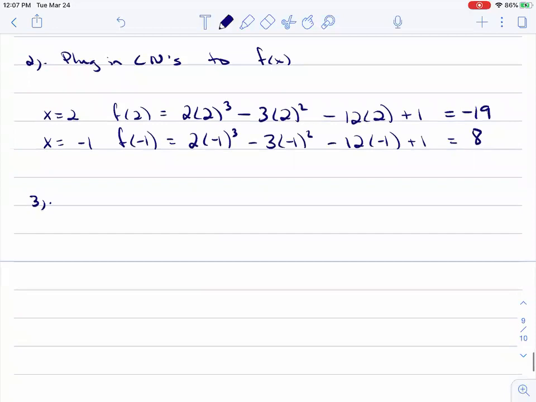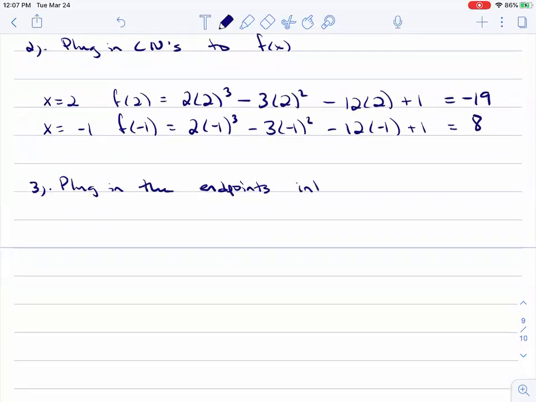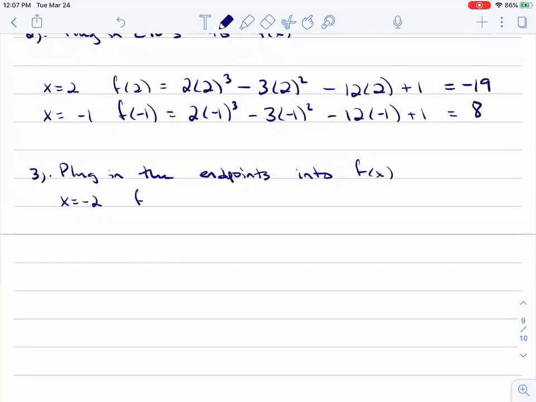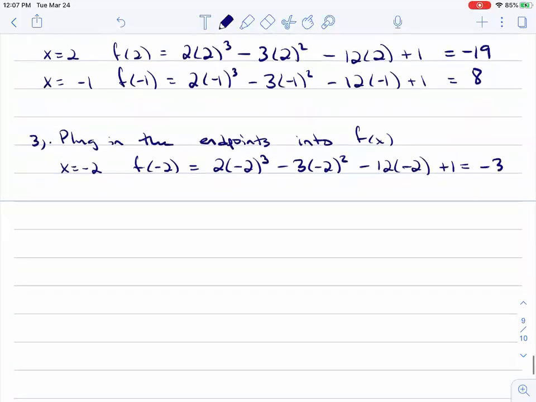Third step we have to do is plug in the endpoints into f of x. The endpoints are at x equals -2. So f of -2 is 2 times -2 to the 3 minus 3 times -2 squared minus 12 times -2 plus 1, putting me at -16 minus 12 plus 24 plus 1, -3.